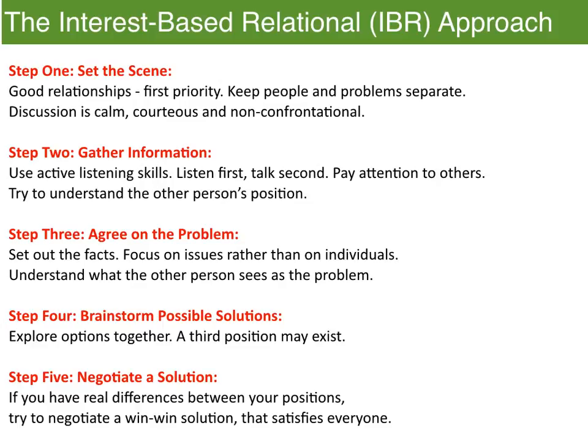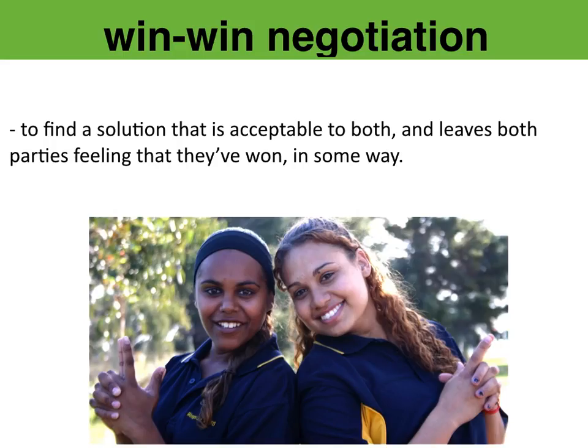There might actually be a third position that you can agree on, and then you negotiate what solution you're going to use. So trying to find a win-win solution that satisfies each of the parties. And then maybe that third position or a slight compromise from both sides where they can actually both feel that they've had a bit of a win in the way that they've resolved the conflict.